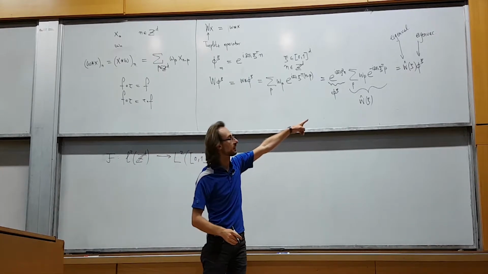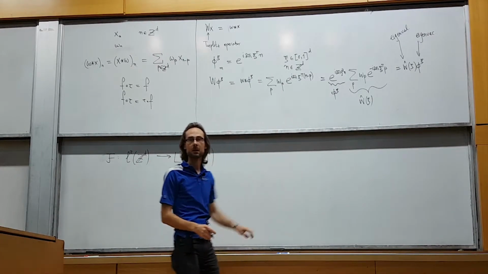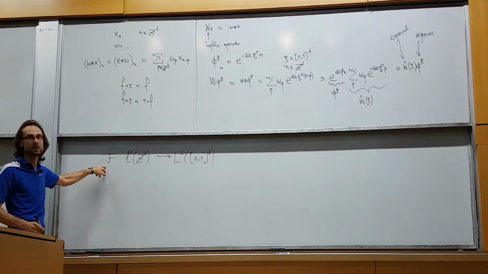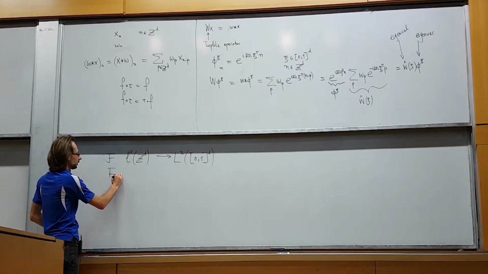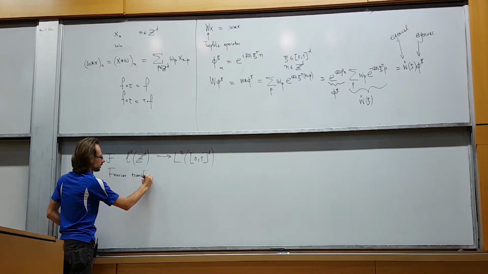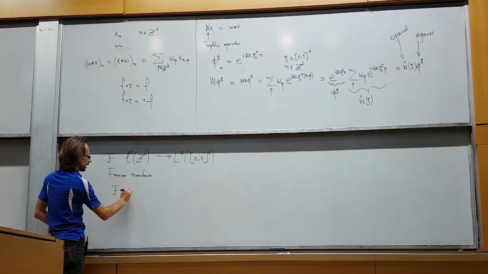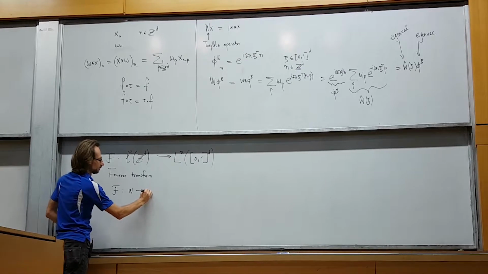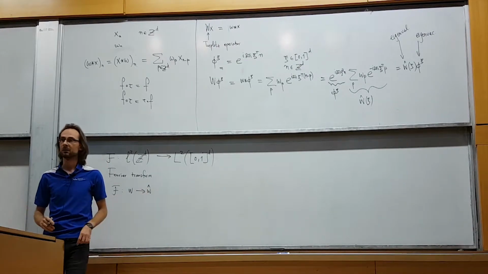This is where psi lives. This operator is called the Fourier transform, and it maps w to w hat.